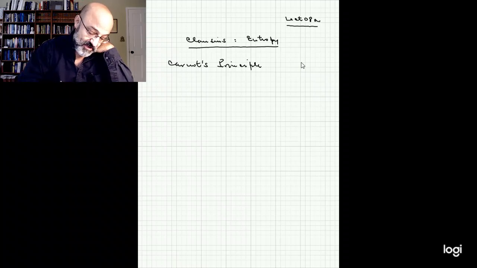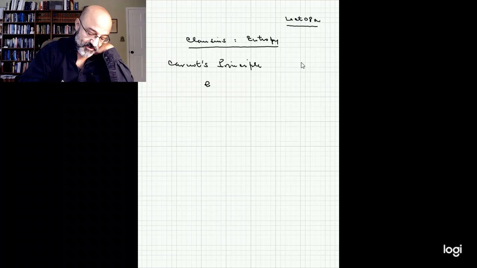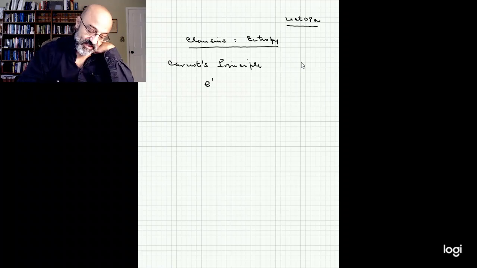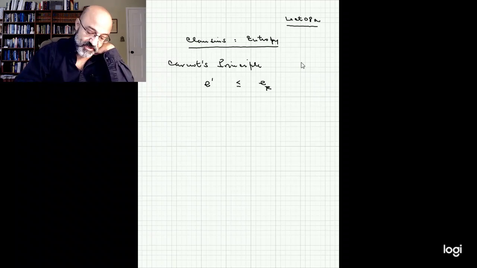So the idea here was that the efficiency of any engine, let's call it E prime, has to be less or equal than the efficiency of a reversible engine that's operating between the same two temperatures.